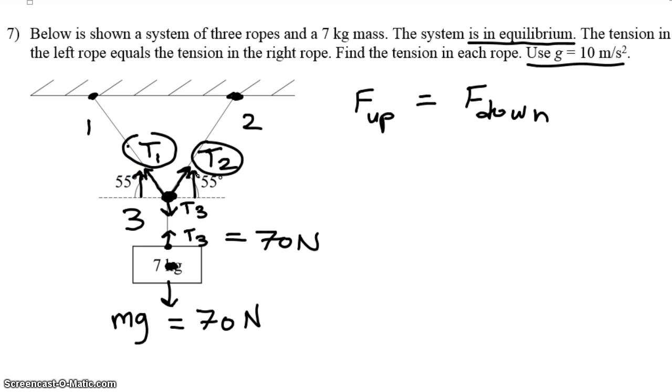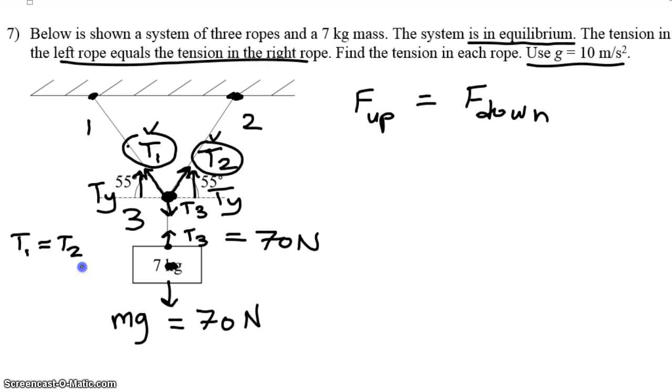Because the tension in the left rope equals the tension in the right, we could just say T1 equals T2, or more importantly, the y components of T1 and T2 are equal. Because the hypotenuse is equal, and they both are at the same 55 degrees, hence their y components are equal.